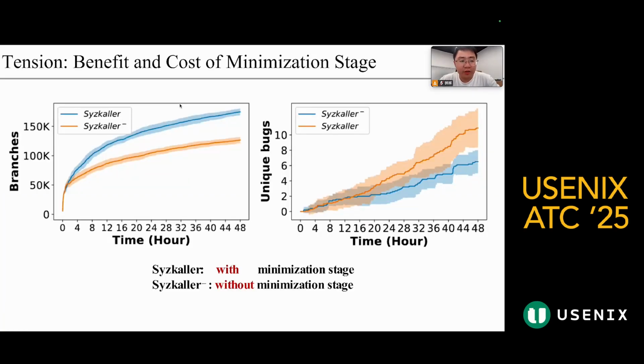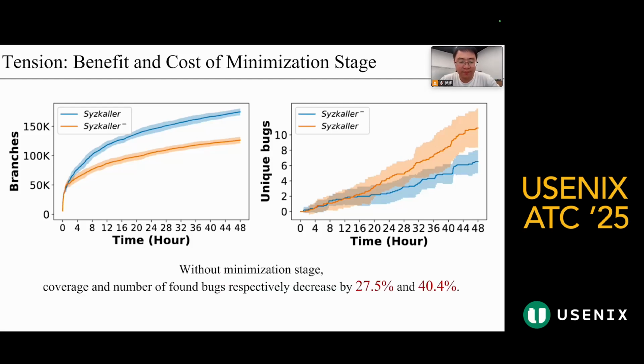However, we observe a significant tension between the benefit and cost of the minimization stage. We run Syzkaller and Syzkaller minus for 48 hours. Syzkaller is configured with the minimization stage and Syzkaller minus without the minimization stage. We count the branches and unique bugs to observe their effectiveness.